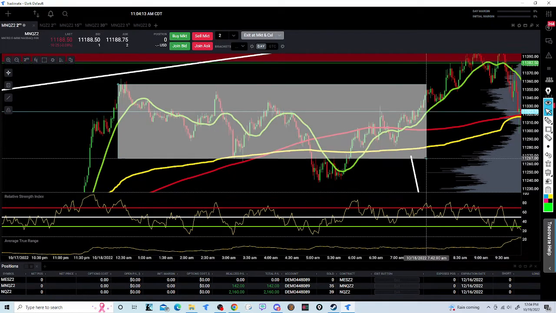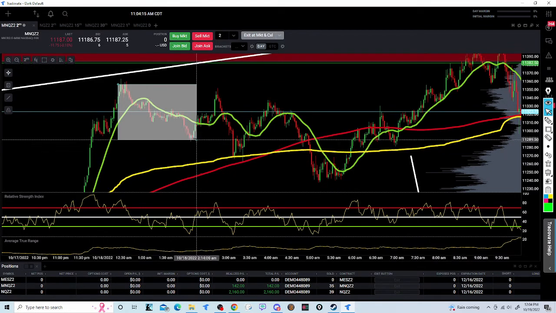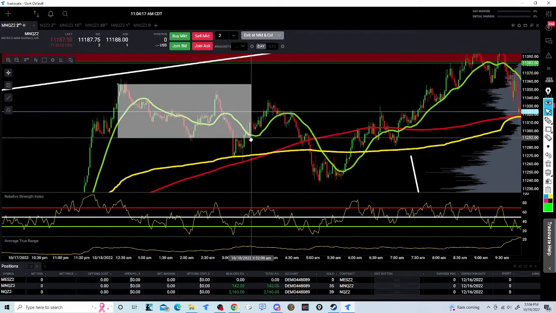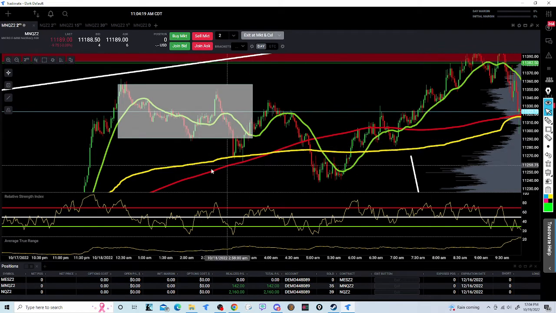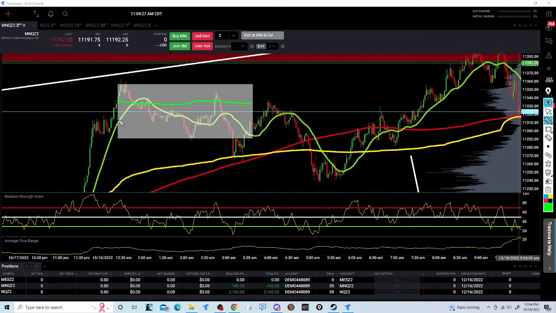It's already formed, so let's just do it. If it wasn't and you were here, this is another good example. So if this was your range, this was your no trade zone, and this was your first bar to break out. Would you take that?